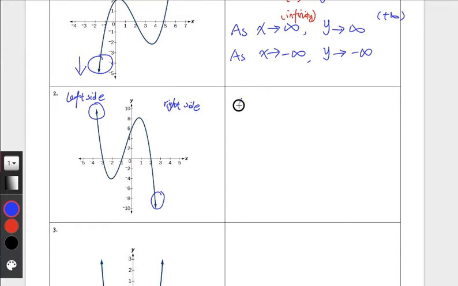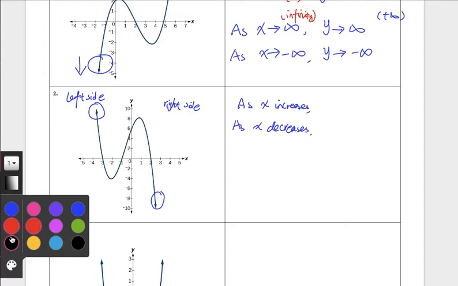As we mentioned, we always focus on as x increases and as x decreases, the left side and also the right side, sorry for the handwriting, to check how y changes.